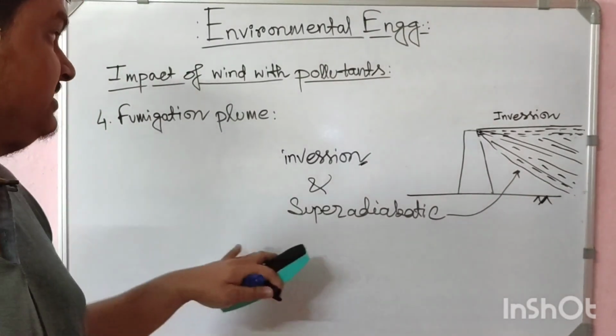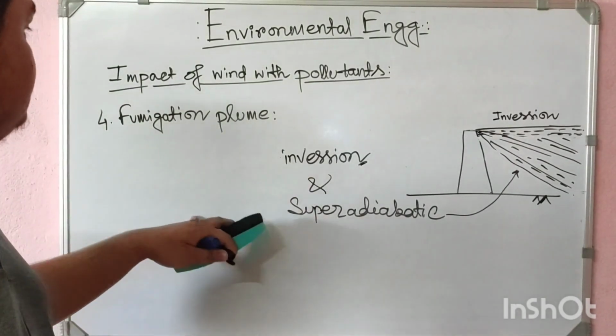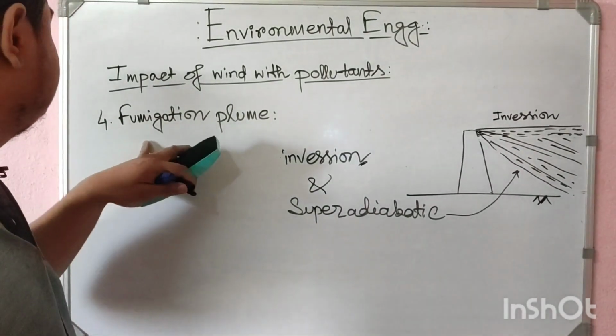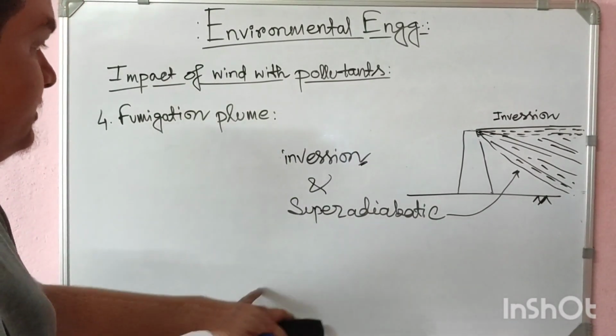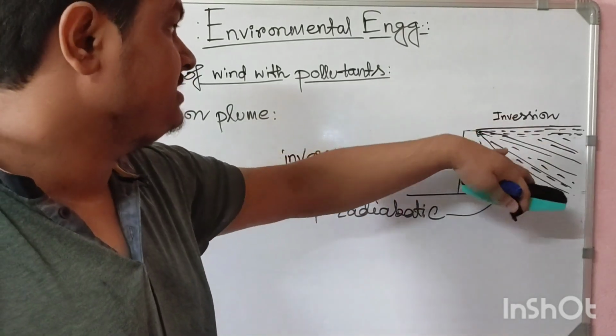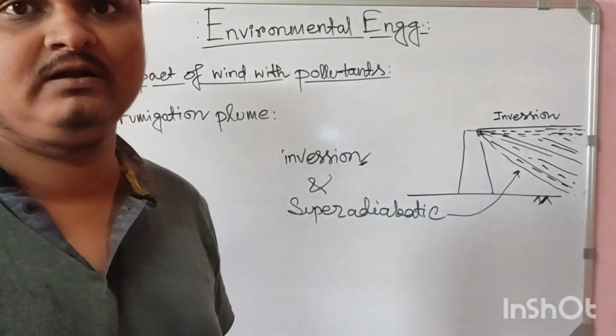Because of the super adiabatic condition and the inversion, the total gaseous plume comes to the ground level.